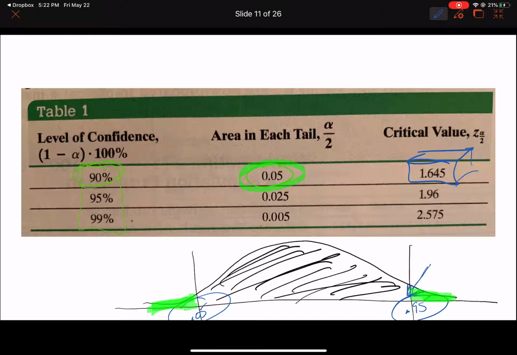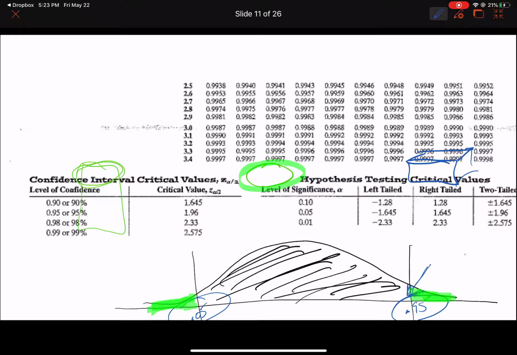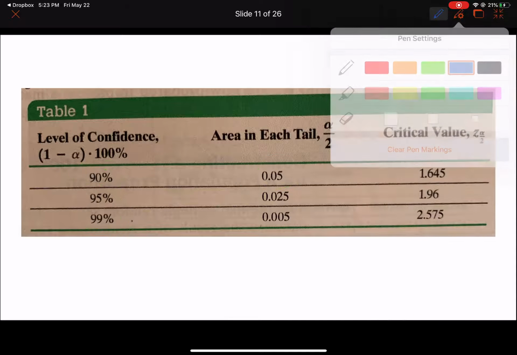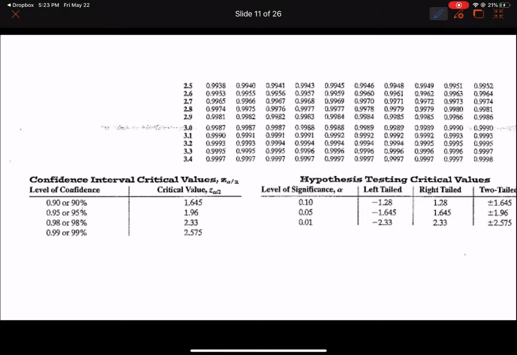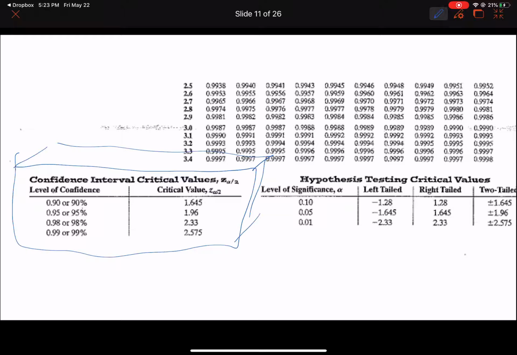So this is a table that I took out of your book, but if I go to the next page here, I'm going to show you, this is at the bottom of your z-table. So clear all this. At the bottom of your z-table, you have your confidence intervals right here. You have the general amounts.